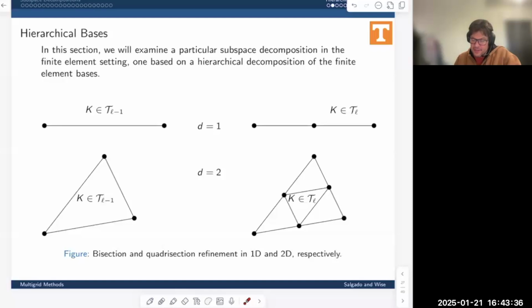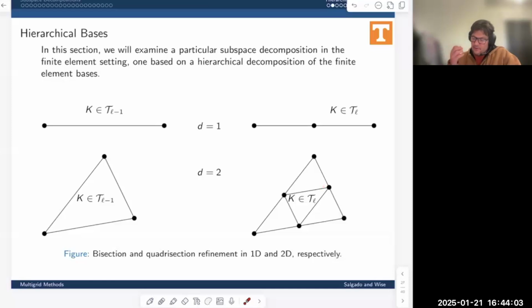Quadrisection means I take every edge and put its midpoint in, and then I connect the midpoints up, and that gives me four congruent, well, similar triangles. So, not congruent, but similar triangles. You can see that here.